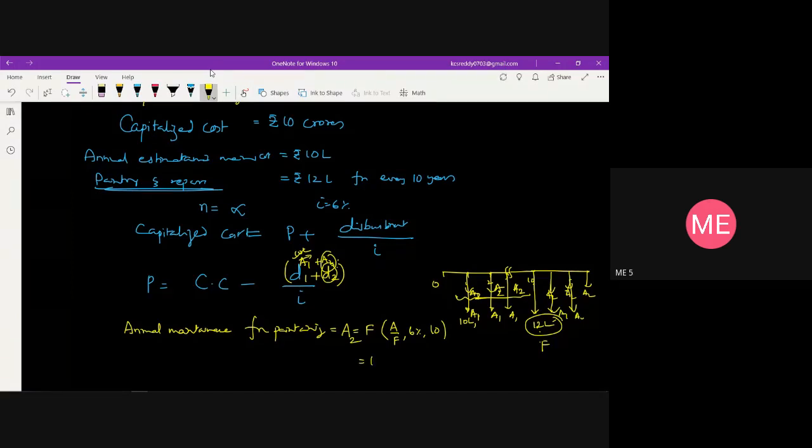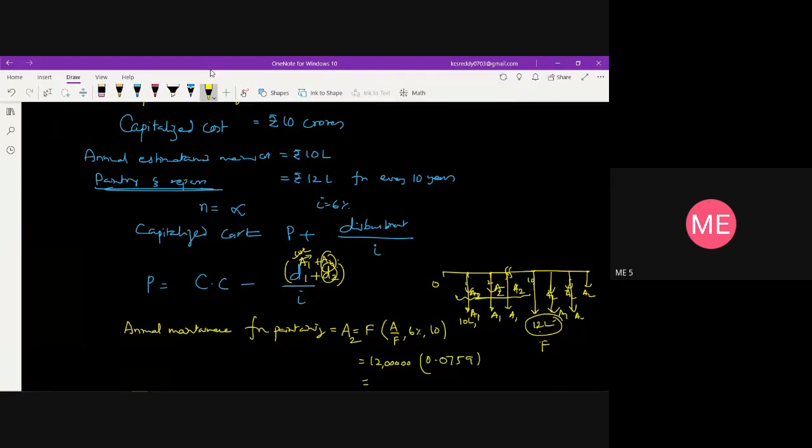So this 12 lakhs, when annualized for 10 years, I will use the factor A by F, 6%, 10 years. Looking at the table, A by F for 10 years is 0.0759.